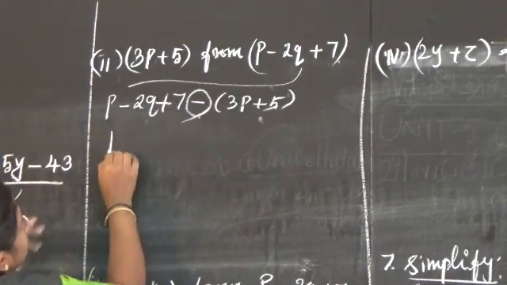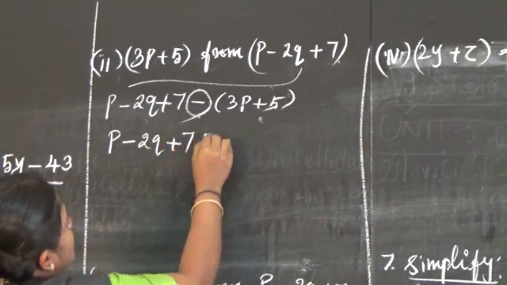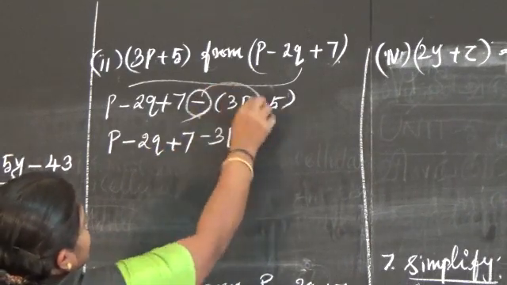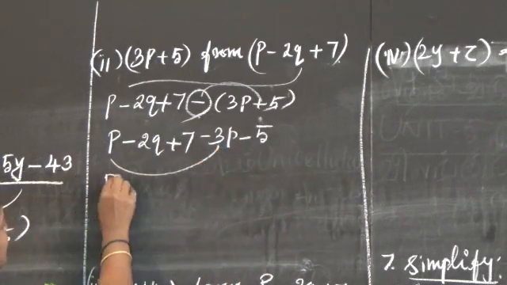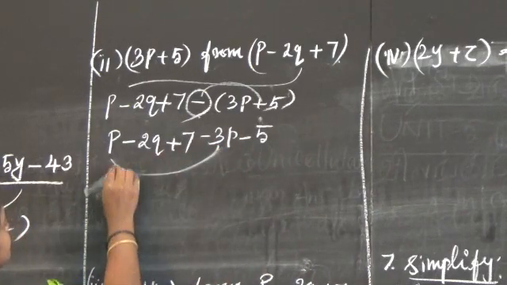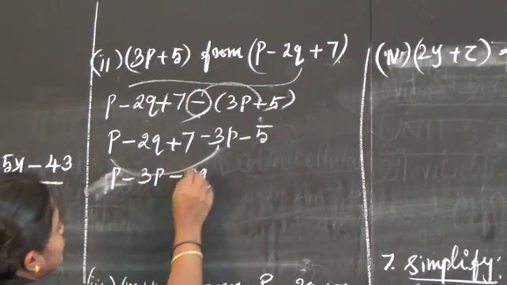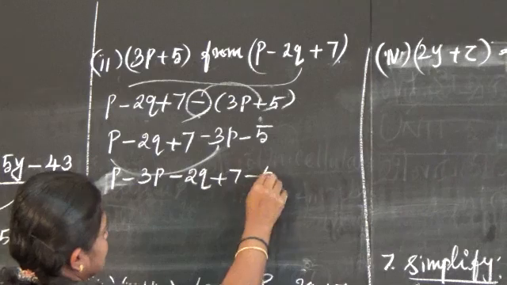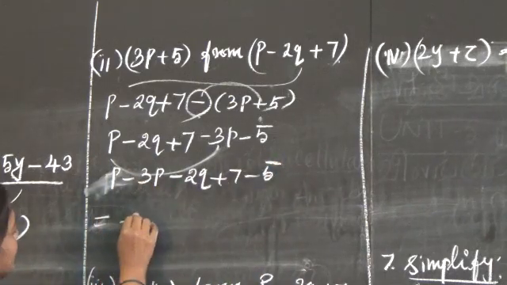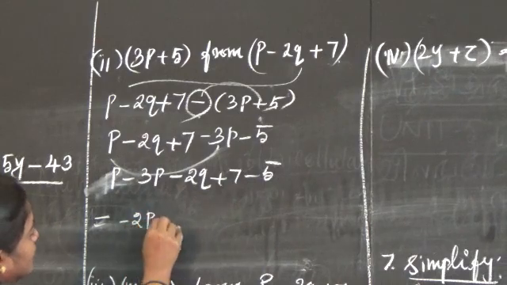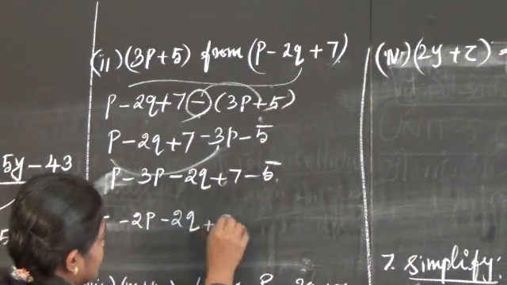Now group the like terms: p minus 2q plus 7 minus 3p minus into plus minus 5. Grouping p minus 3p, minus 2q, 7 minus 5. Adding, p minus 3p is minus 2p, minus 2q, 7 minus 5 is plus 2.